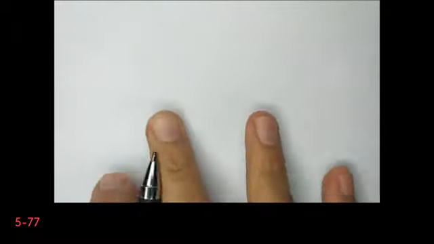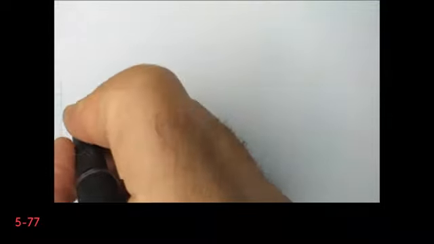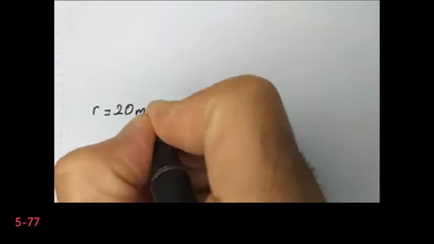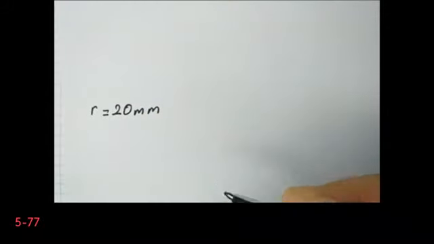Right. Now, let's define the variables first. We have the radius R is equal to 20 millimeters. Now we will define some variables.